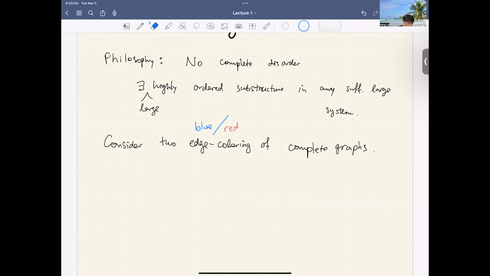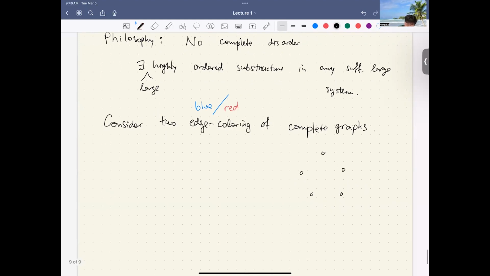So here's a coloring. You should think of this coloring as any chaotic coloring, some arbitrary coloring. And all we want is to find a small subgraph that's a complete graph, such that all the edges you see in this subgraph are of the same color.